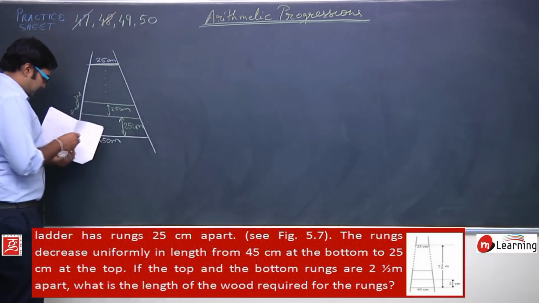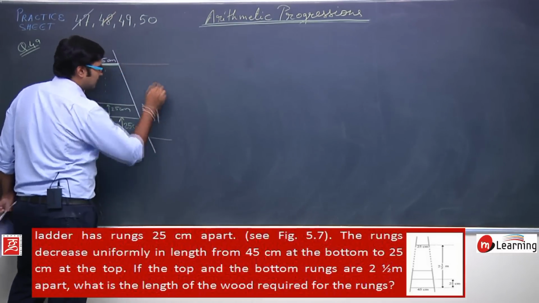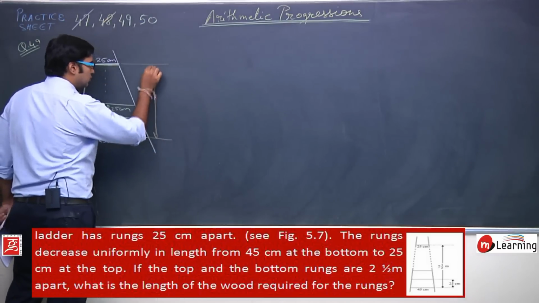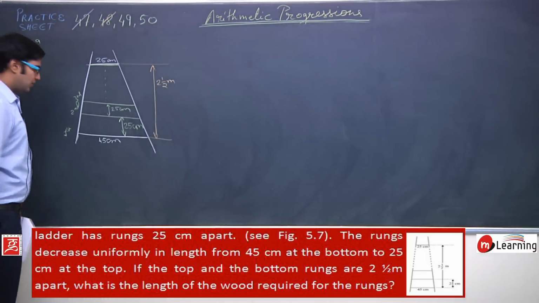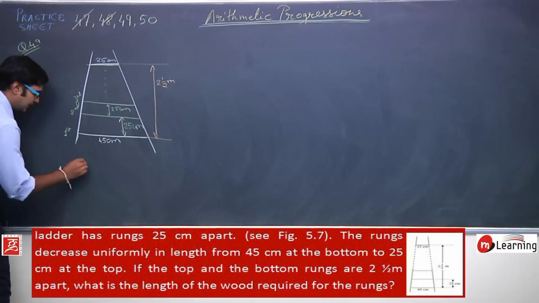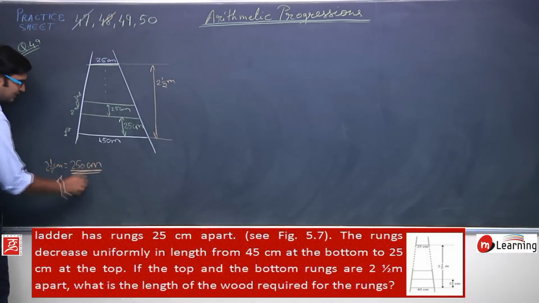The distance between the top and the bottommost rung is 2.5 meters. What is 2.5 meter? 2.5 meter is 250 centimeters.